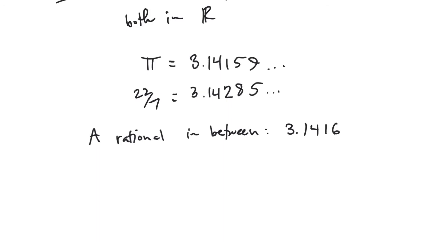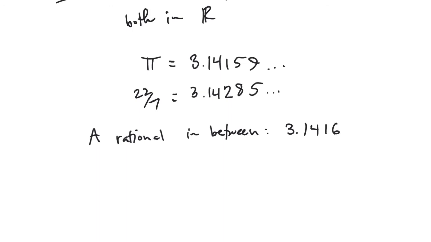So this is what the density theorem says. It says no matter what the two real numbers are, this is always possible to do. And if you believe that real numbers can always be expressed by decimals, then it seems reasonable that you could always do some kind of simple trick. It's not because he's intimately familiar with these numbers.